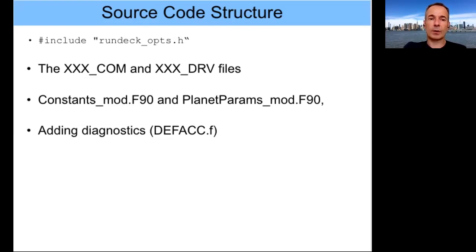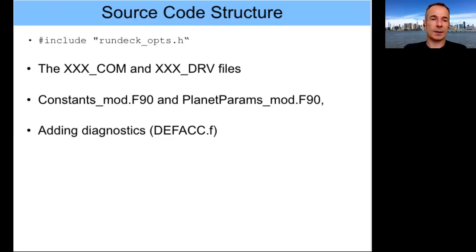The file with no suffix has the actual calculations, and then the suffix _drv contains the link of that piece of code with the rest of the model.